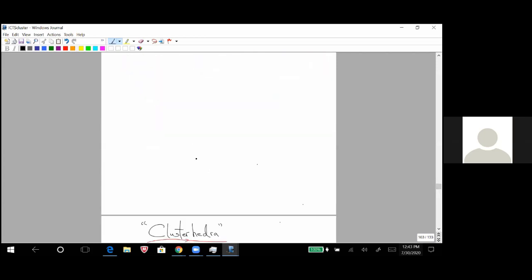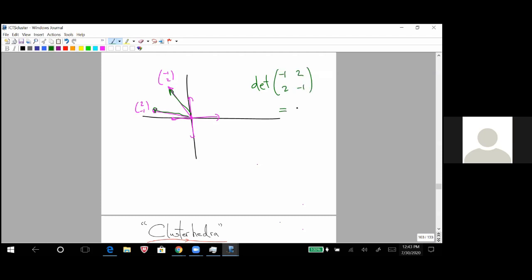if I just draw these for the nth time. Okay, so what I'm saying is, let's say I keep this one, I keep this one. Notice that this determinant, so this guy is -1, 2. This guy is 2, -1. So the determinant made of these 2 guys, -1, 2 and 2, -1, is -2.